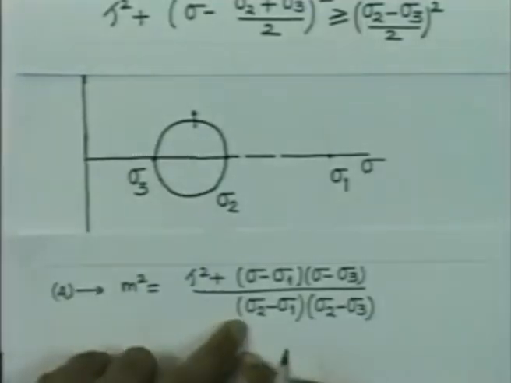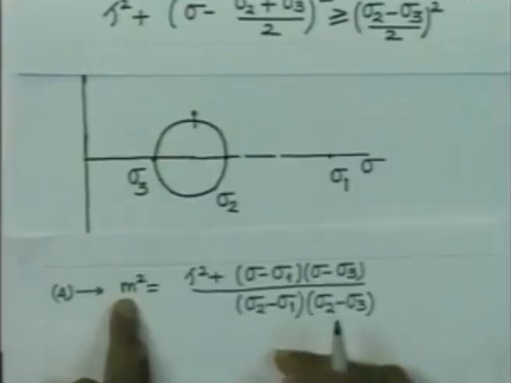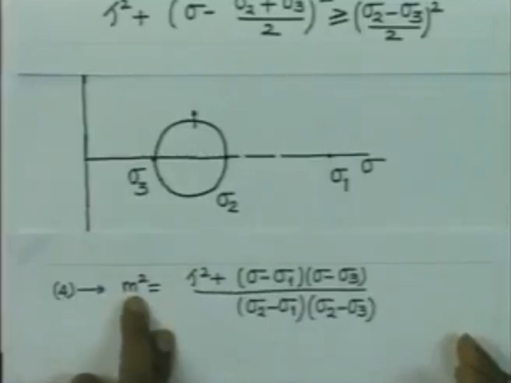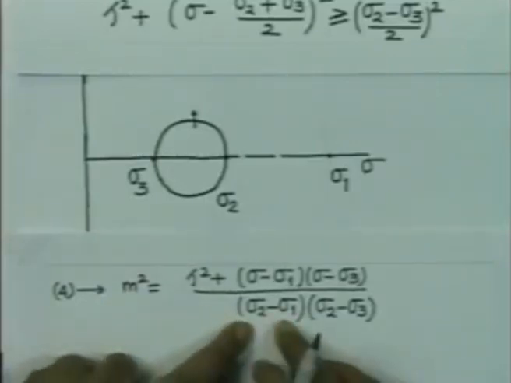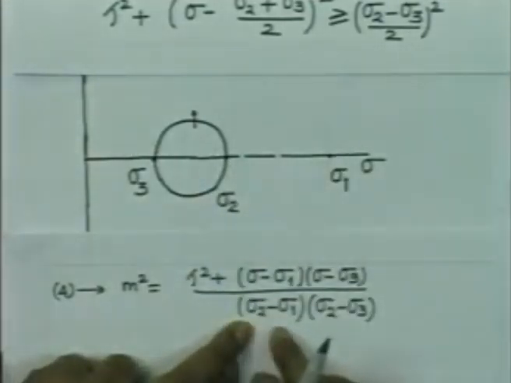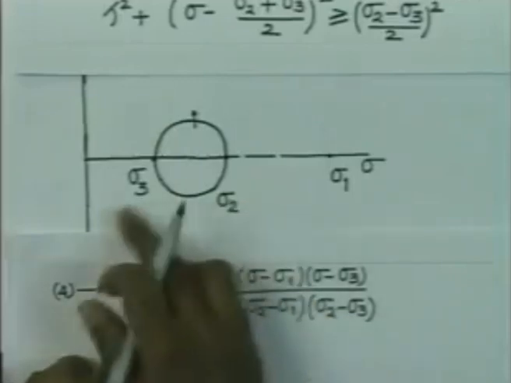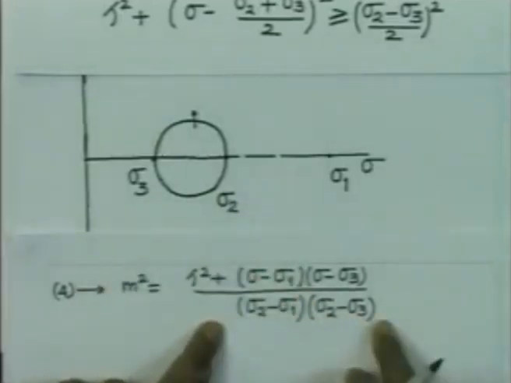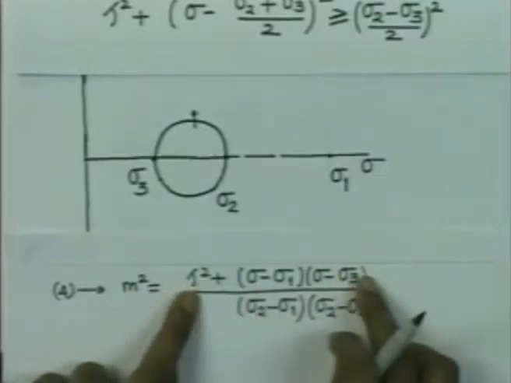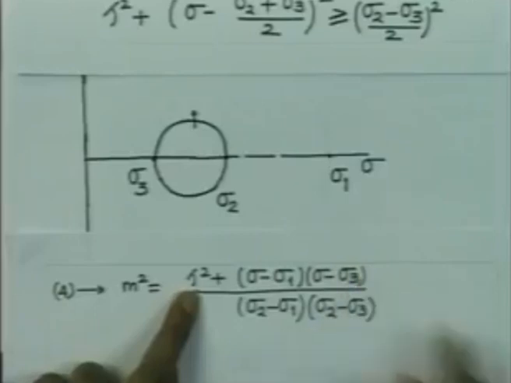Now, we know that m square is always going to be 0 or positive. Sigma 2 is here and sigma 1 is here, so sigma 2 minus sigma 1 is negative and sigma 2 minus sigma 3 is positive. Therefore, this denominator is negative. So, if this is going to be positive, then this numerator has got to be 0 or less than 0.